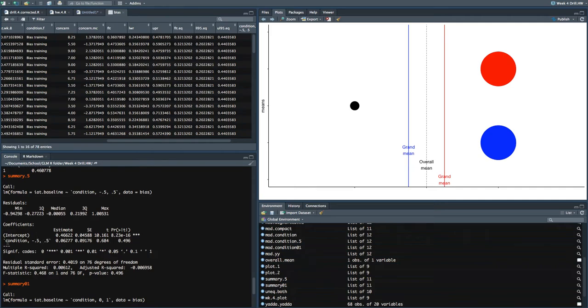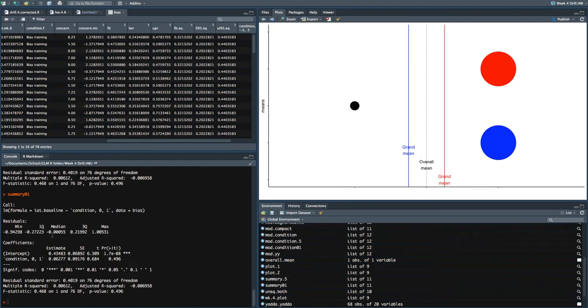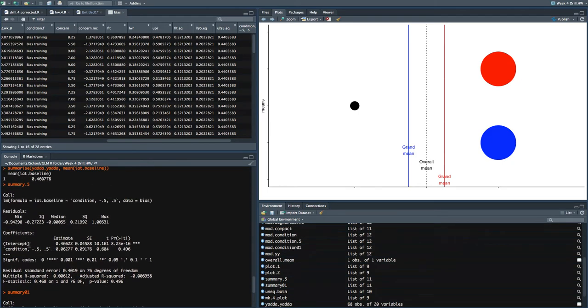As far as the interpretation on this effect coded, which is when we have our negative half and positive half, that's known as effect coding. This down here is dummy coding. Dummy coding is 0 and 1. Effect coding is -1/2 and 1/2, or -1, 1, things like that. When you're using effect coding, the intercept is the grand mean, and the estimate for the slope is the difference between the two groups.